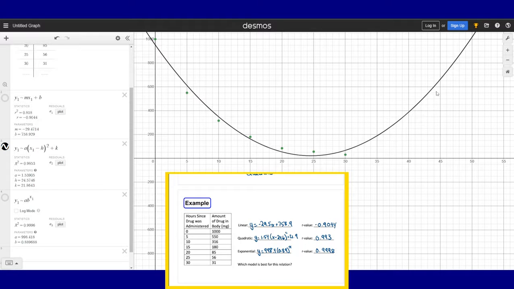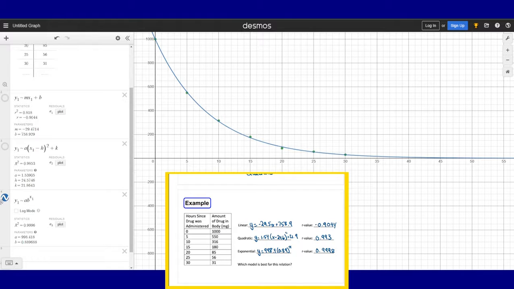So the quadratic model doesn't make sense in this case, because why would the amount start to increase again? The amount of drug in the body starts to decrease, and over time it almost disappears. It shouldn't start to go back up. So even though we had strong R values, the exponential model fits this one best.